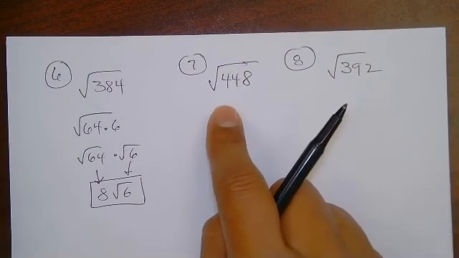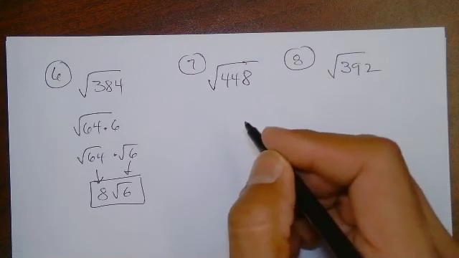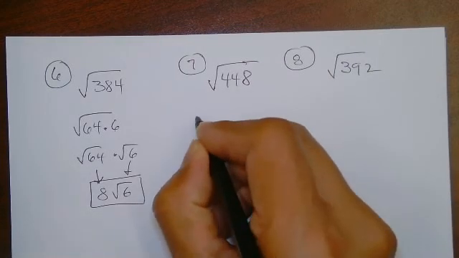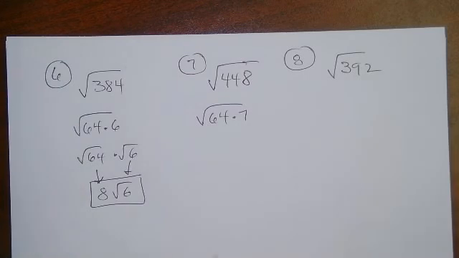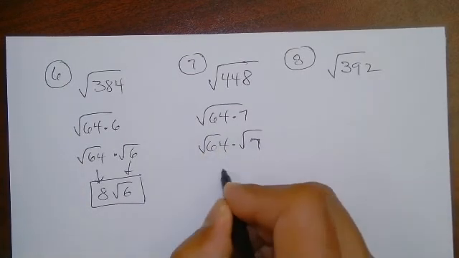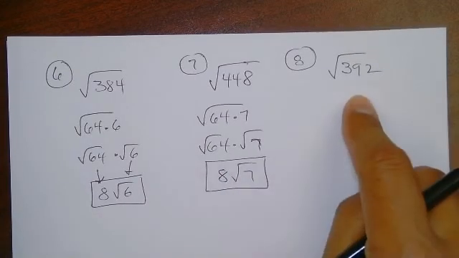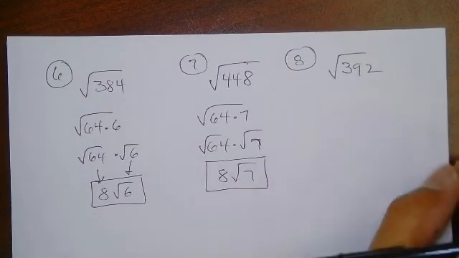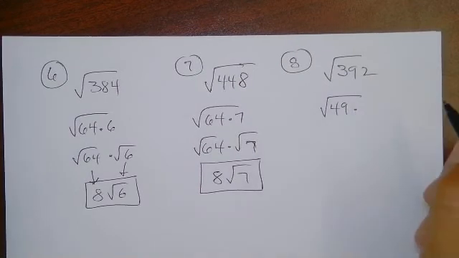So that's going to be 8 root 6, huh? Is that what you have? Is that right? Yes. Okay. What are the two multiples here that work? 64 again? Yeah. So 64 times 7, or the square root of 64 times the square root of 7, so that's 8 root 7?